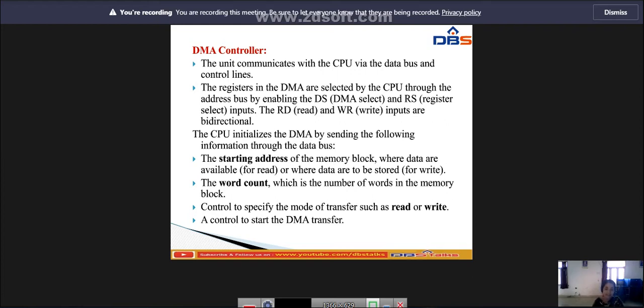The word count, which is the number of words in the memory block, and a control to specify the mode of transfer, such as read or write. And a control to start the DMA transfer.